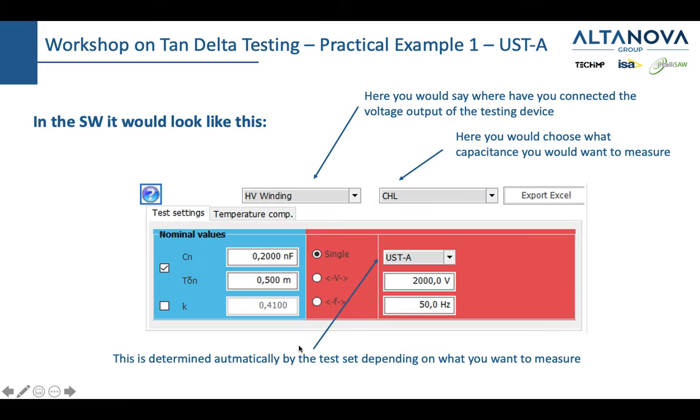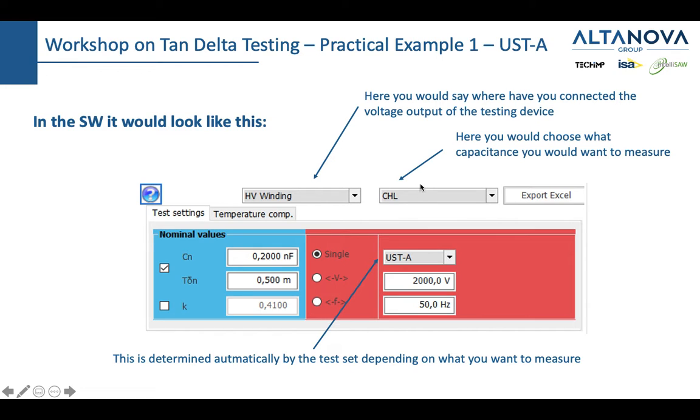So let's see how we do it with our test set. We just need to say where we have connected the high voltage generation, and we connected it to the high voltage winding.